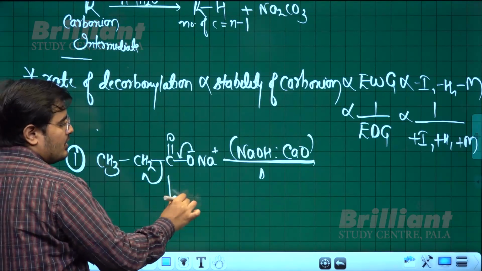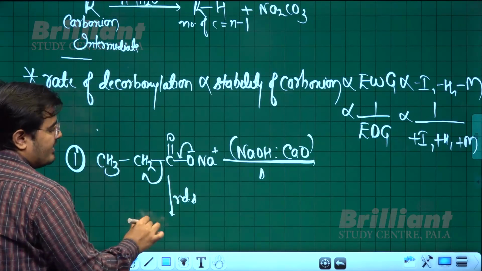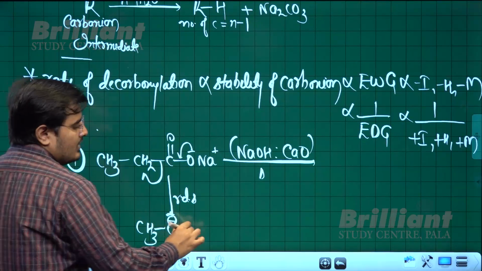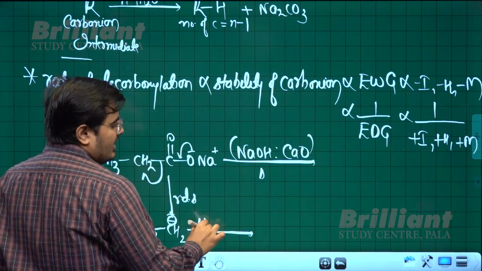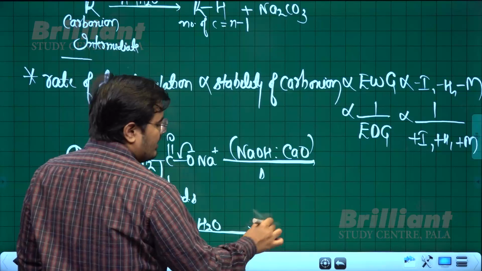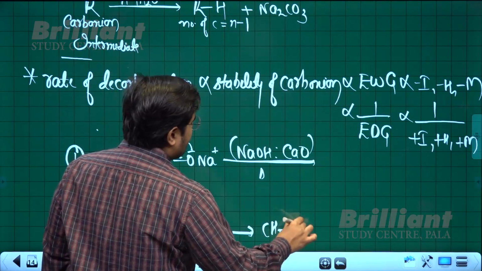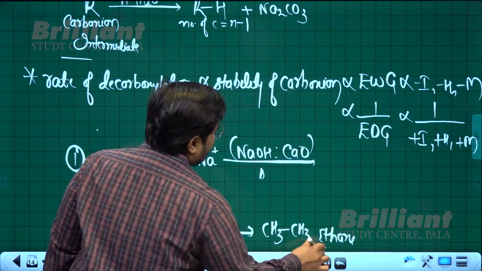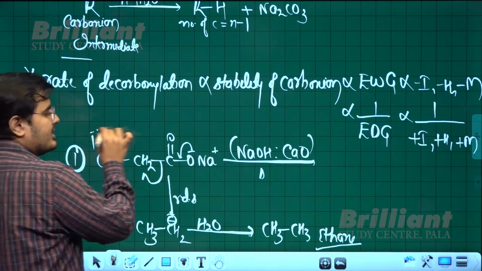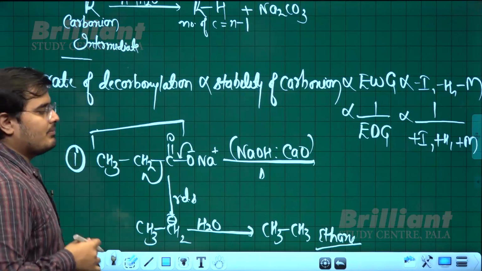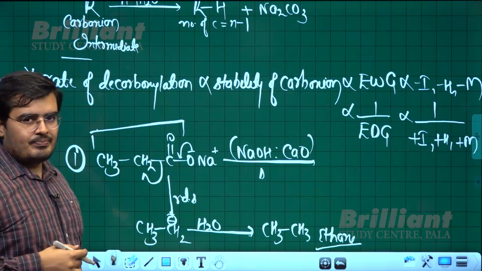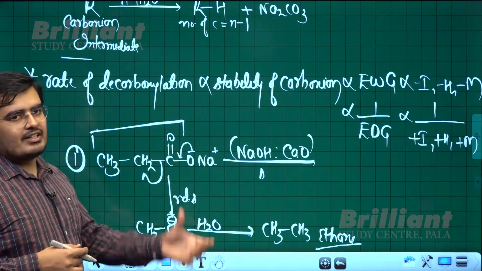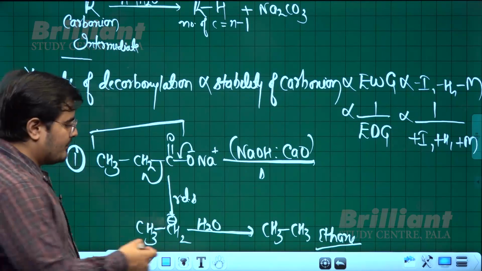So formation of the carbanion is the rate determining step. CH3CH2 minus can be protonated from any solvent present and you will get CH3CH3. If you see, the number of carbon atoms here is 2, whereas the substrate with which we started has 3 carbon atoms. So in this case we get an alkane having one carbon less than the starting material.